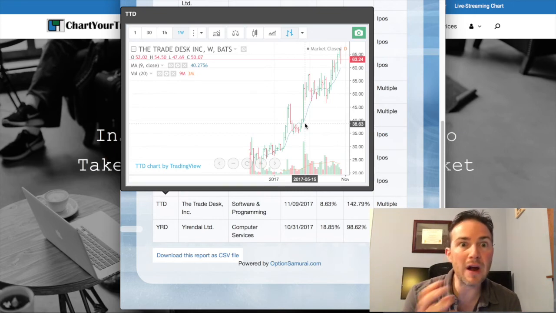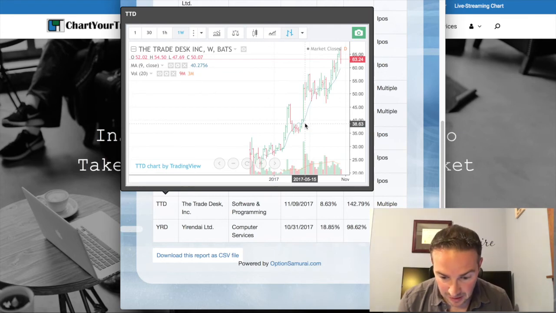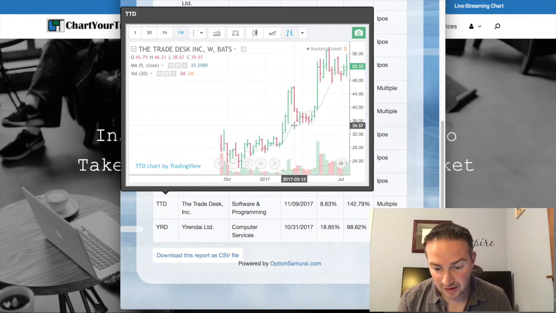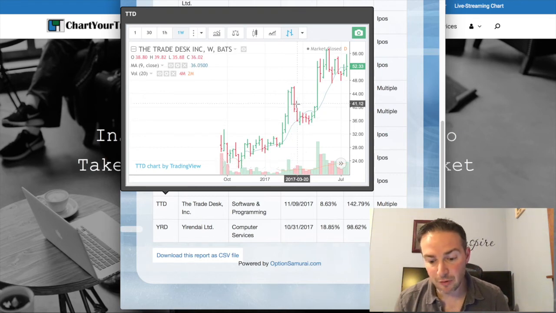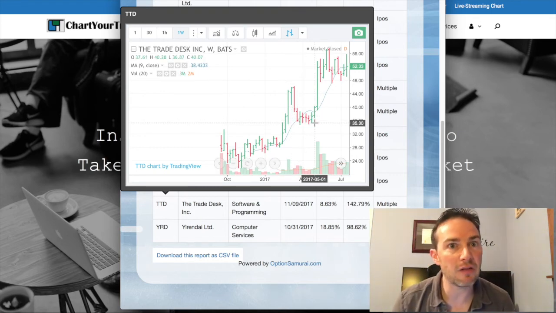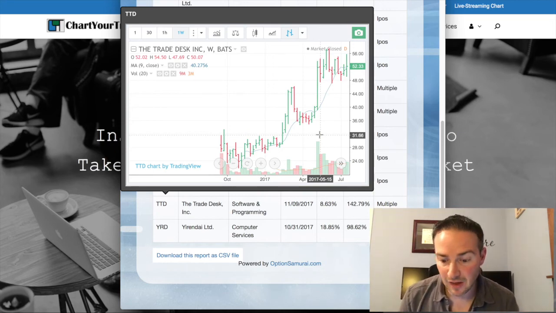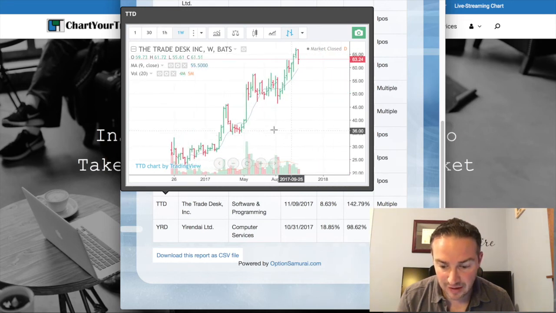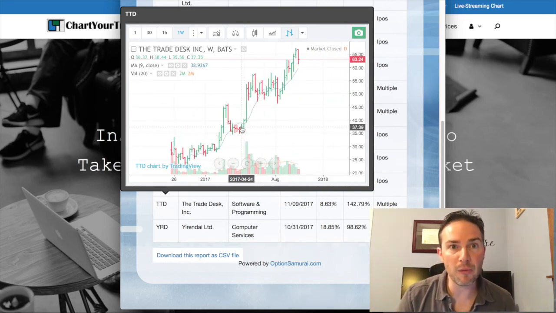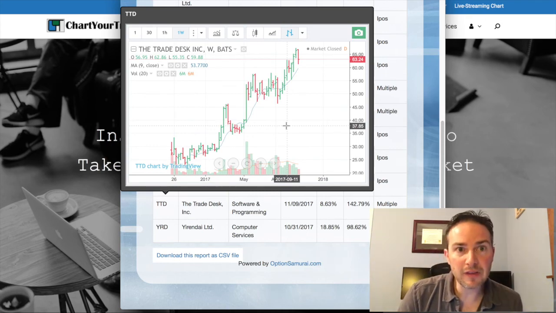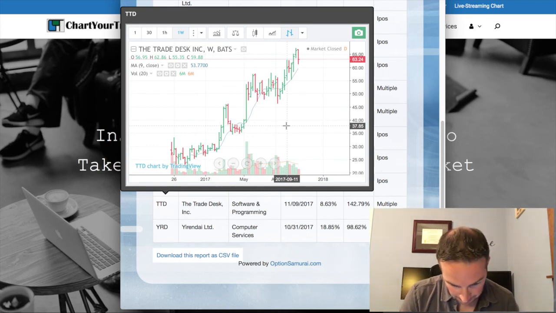If we just write it off, if it has this kind of a move back here like it did in March, and it's consolidating and now it's below its 10-week line, and we're moving on to other things, then we would have missed this nice run here of almost 100%. So just something to think about.